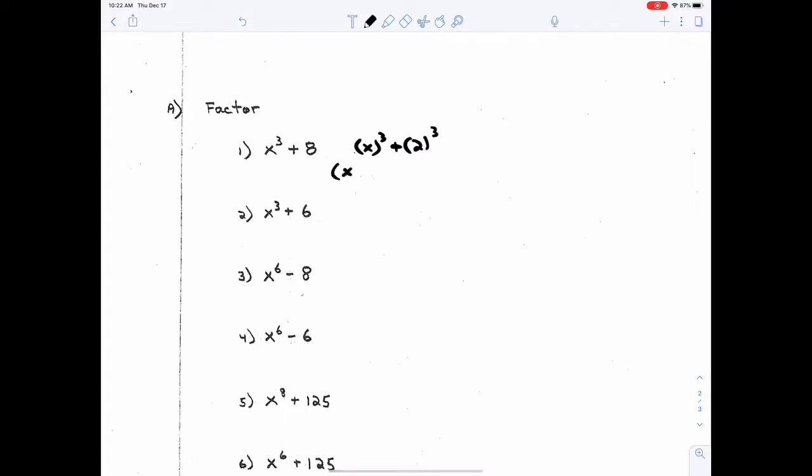First one squared, first times the second, and then plus the second one squared. Because there's a plus between them, I'm going to put a plus here and a minus there. And this simplifies into x plus 2 times x squared minus 2x plus 4.